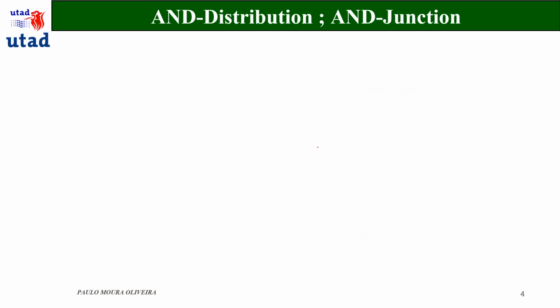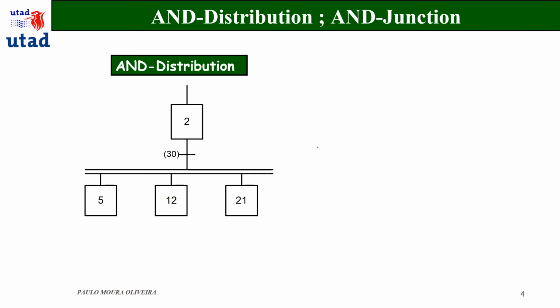Okay, so we got the notions of distribution and junction. If we got one step connected to one transition, and the transition got as output steps 1, 2, 3, in this case we need to use this double line, which is sometimes called distribution, and also sometimes synchronization.